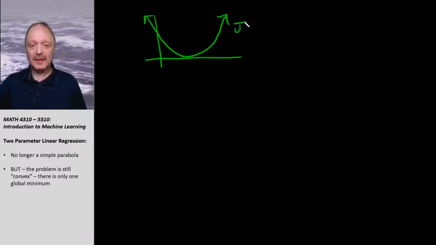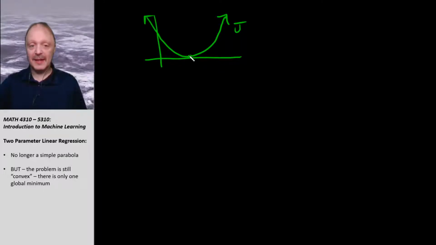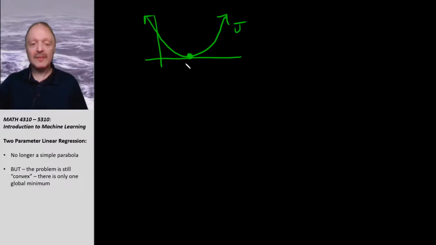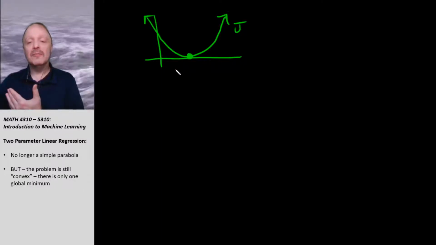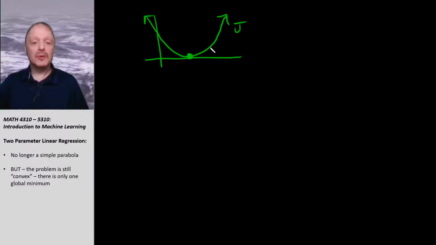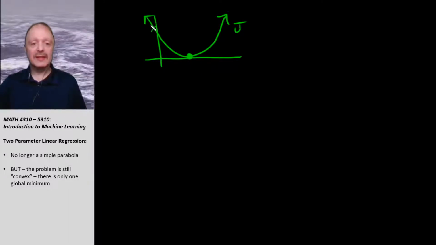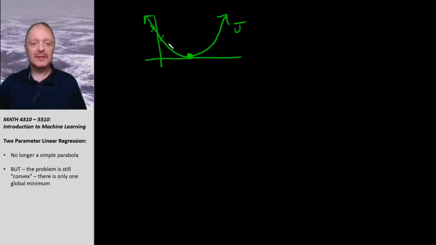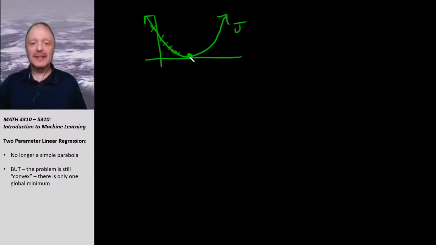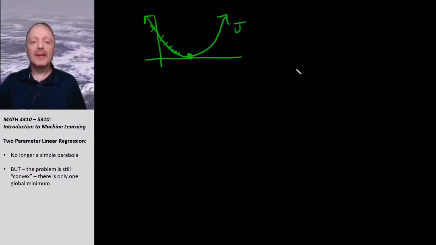And this had a global minimum right at the bottom of the parabola, right? And so we had the very clever gradient descent algorithm that would work its way down. It might start with a guess here, and then the guess would go here, and then here, then here. And it would finally gradually hit this minimum.